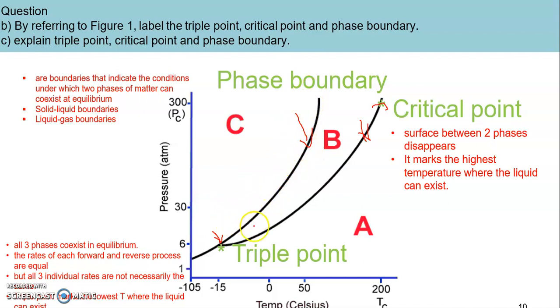So for example here, if we can plot this one, at this point, if we are given temperature 0 and also pressure 30 atm, the solid and liquid will exist at this point. So this shows a solid-liquid boundary, while this one is a liquid-gas boundary. So here is the information that we can extract from our phase boundary. It's not just a graph only.